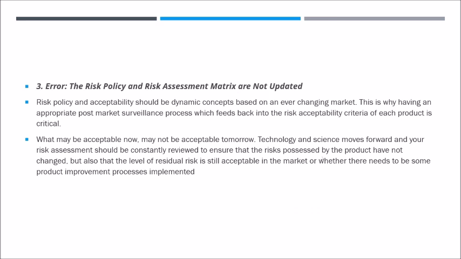Because if the state of the art has changed, technology has moved on, and devices have, for example, become less prone to false positives, and you're still at the same level of risk acceptability for false positives, you're not going to do very well in the market, because people are just going to go with the product that has fewer false positives. So by having that post-market surveillance, and by having that feedback into the risk processes, you're making sure that you're keeping up with the demands of the market and of the stakeholders as well.